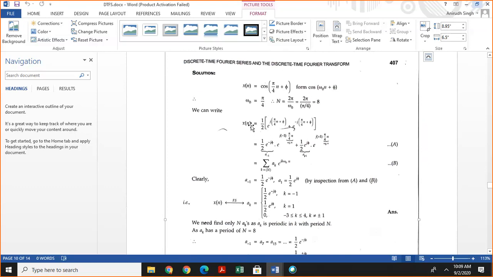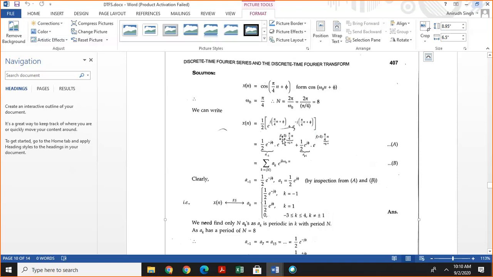Then write this expression in exponential terms: half exponential j of pi n by 4 plus psi, plus exponential minus j of pi n by 4 plus psi. Then this equation can be written like this, and here minus j pi by 4 n is written as j times minus 1 times pi by 4 n.